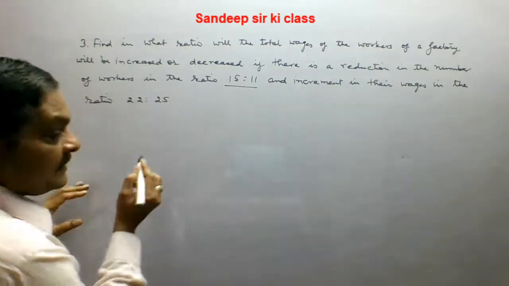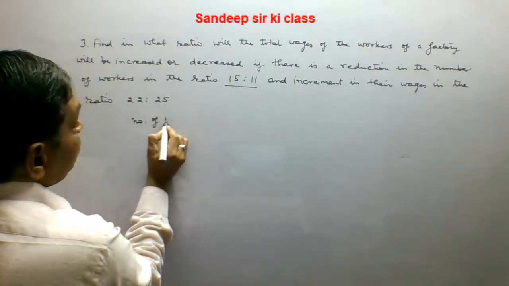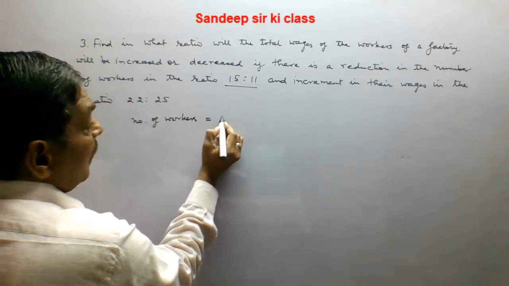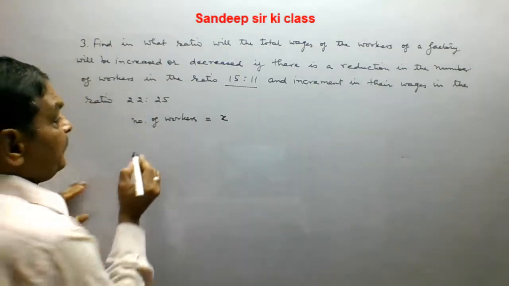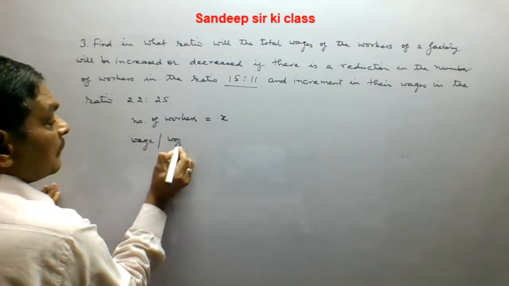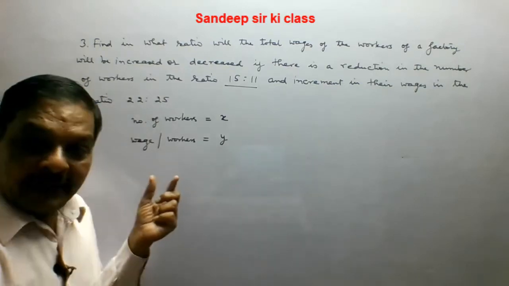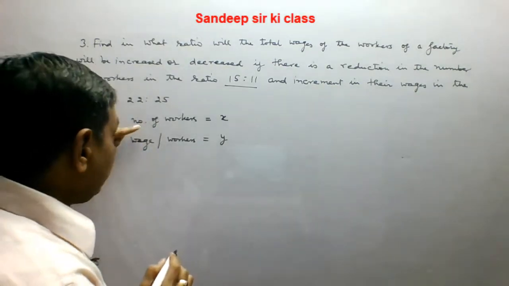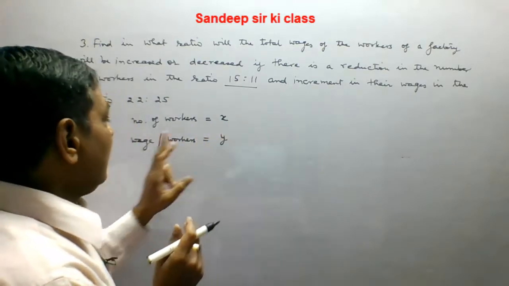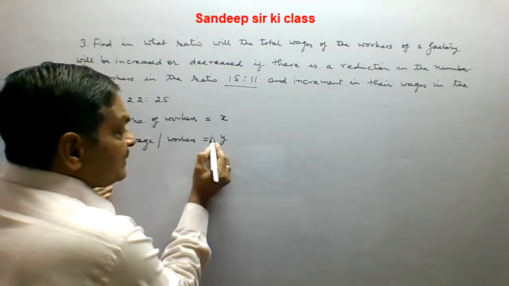So let us say that the number of workers originally is x and the wage per worker in rupees is y. This is in rupees.